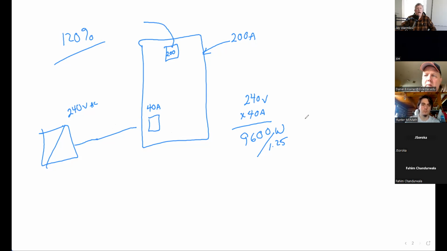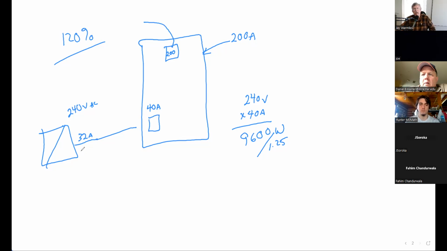So let's divide 40 by 1.25 to see what our output in amps would be. 32 amps. So the maximum output from my inverter can be 32 amps to hook up to a 40 amp breaker. Otherwise, I'd have to go with a 45 or 50 amp breaker, because we have to factor in the 1.25 safety margin.